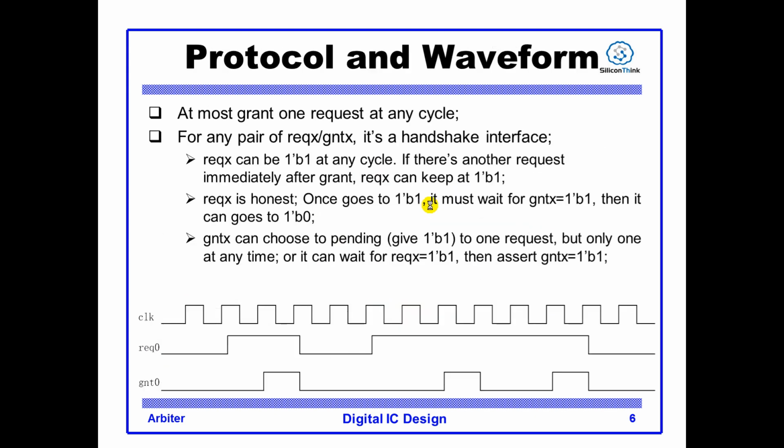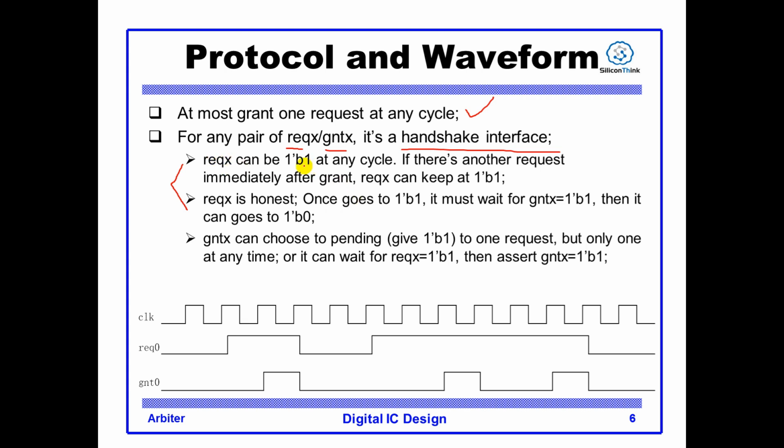Okay, let's see the protocol and waveform for the arbiter. I have said this before. Actually the request grant pair is a handshake interface, so these are the same as the handshake interface.